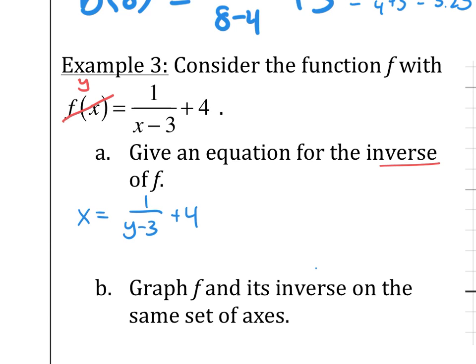And now, as we solve for y, we undo over here exactly like you described up above. So I have to subtract 4 from both sides. So I get x minus 4 equals 1 over y minus 3.